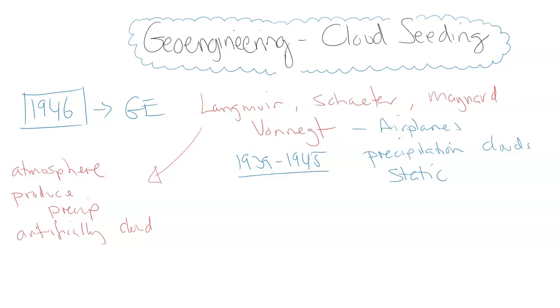Now, his first attempt was up in the Adirondacks in New York State, and he pretty much started to gain experience and knowledge. This was also studied on Mount Washington in New Hampshire.